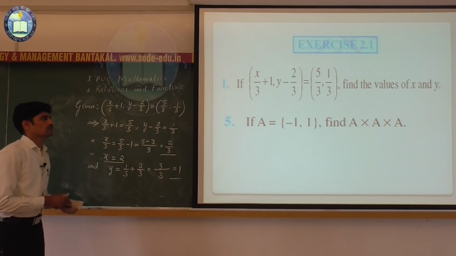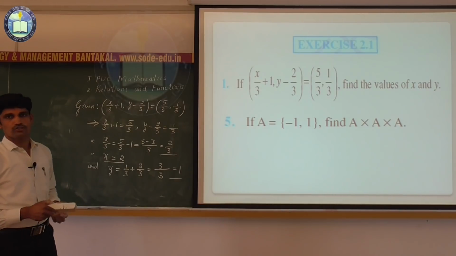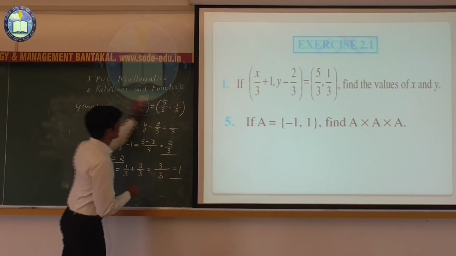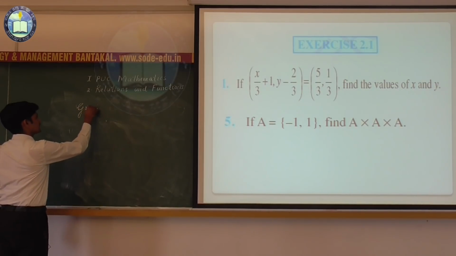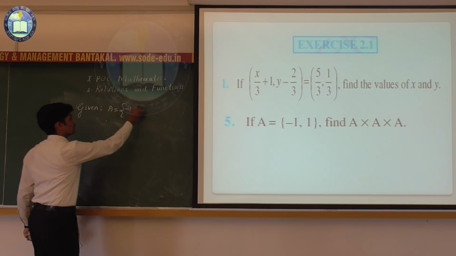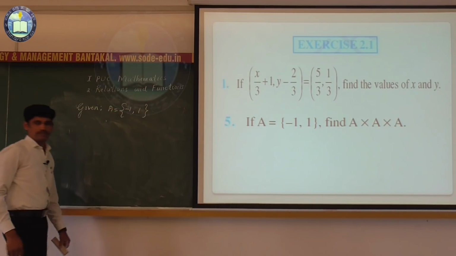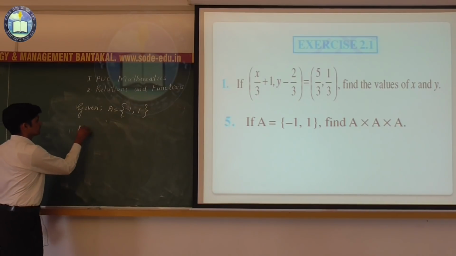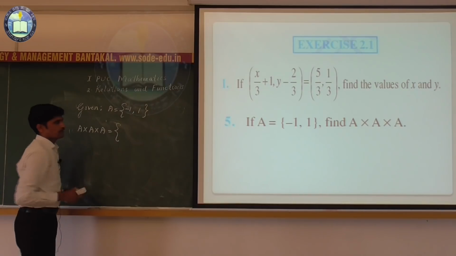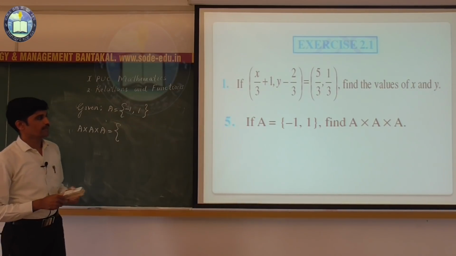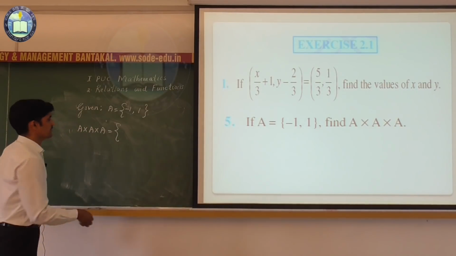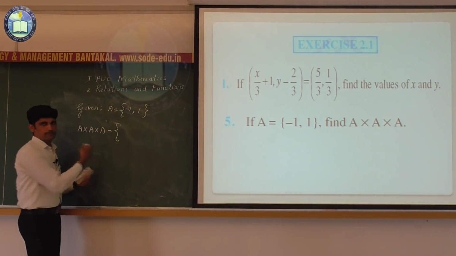Next, the second question is to find A cross A cross A when the set A is given as minus 1 comma 1. Here, given that set A is equal to minus 1 comma 1, then A cross A cross A is the set of all ordered triplets x comma y comma z, where x belongs to A, y belongs to A and z also belongs to the same set A. That is, the set of all ordered triplets.